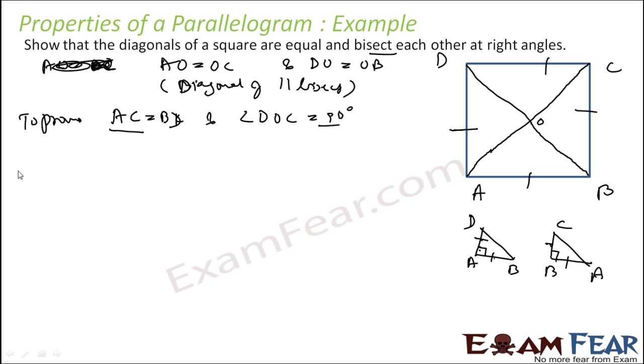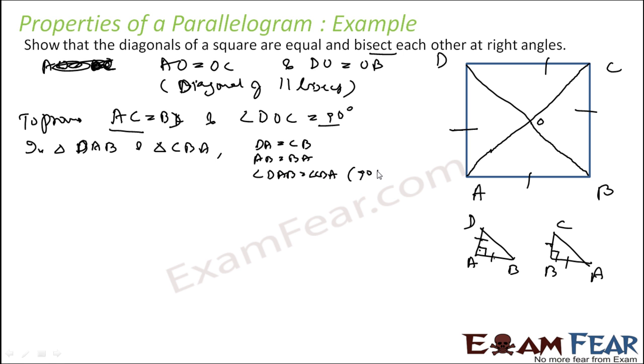That is done. So I can say that in triangle DAB and triangle CBA, DA is equal to CB, AB is equal to BA, and angle DAB is equal to angle CBA.